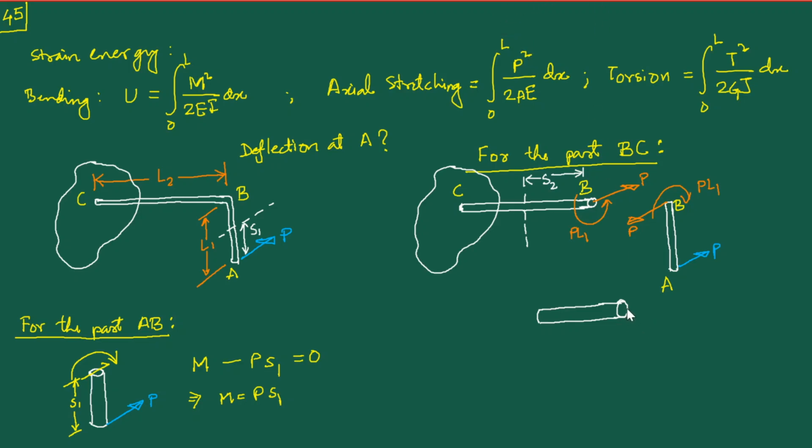So I do have this force P, which is just this force P. I have this torsion or this torque acting at this end B, but at this end, which is the exposed surface due to this cut section here, this distance again, mind you, is S2.